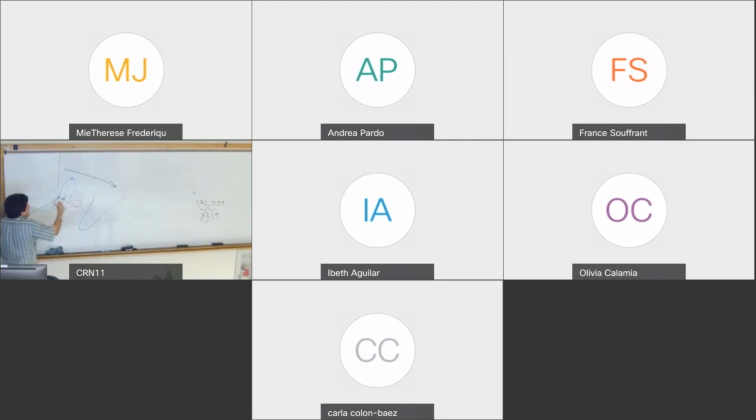You have the vector electric field and the vector magnetic field. So the propagation is perpendicular to the electric field and the magnetic field.